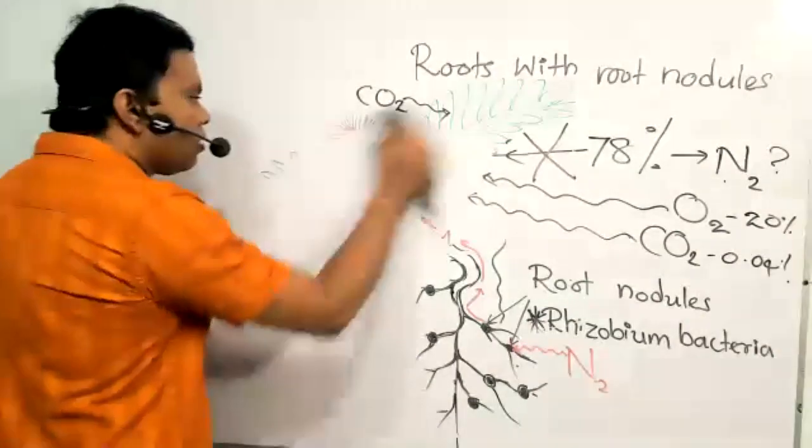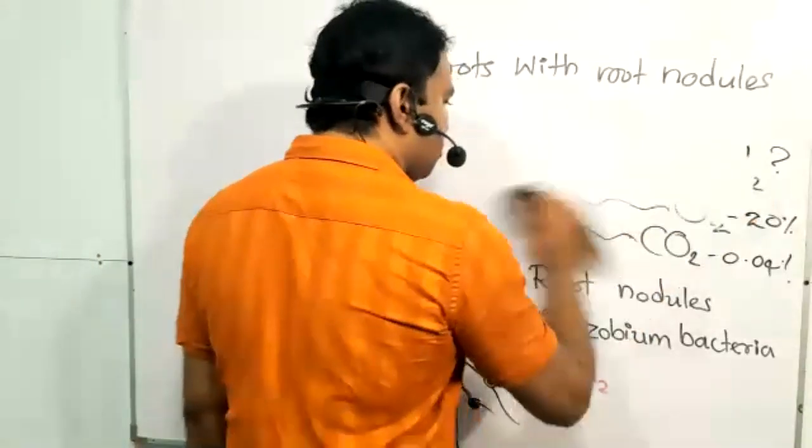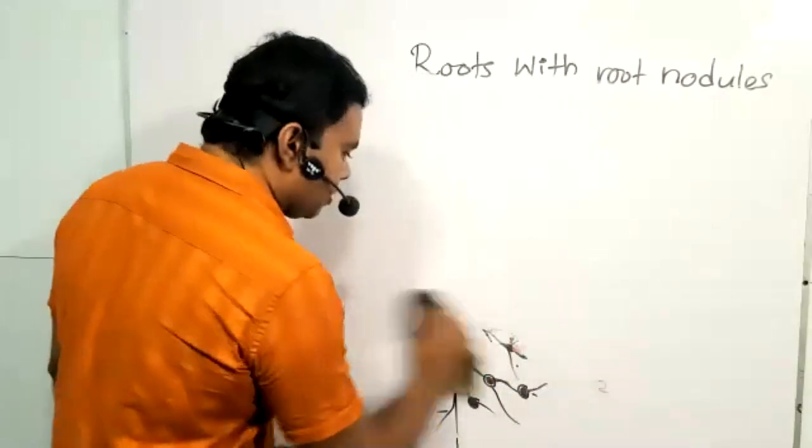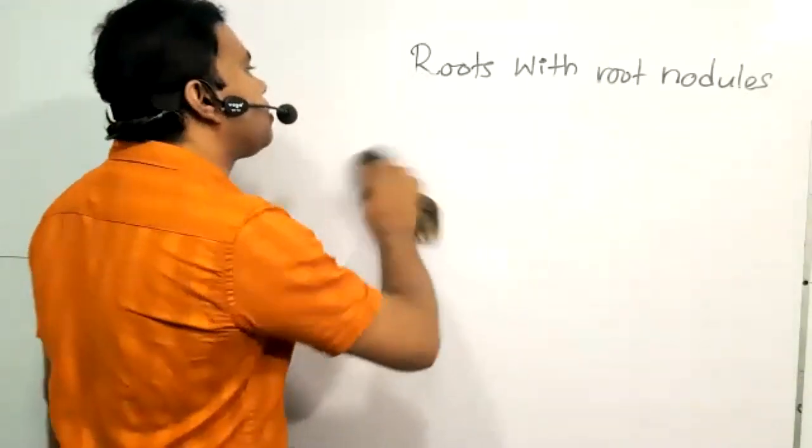So what do we have to learn next? I think you have books. Tell me, the next type of special root.